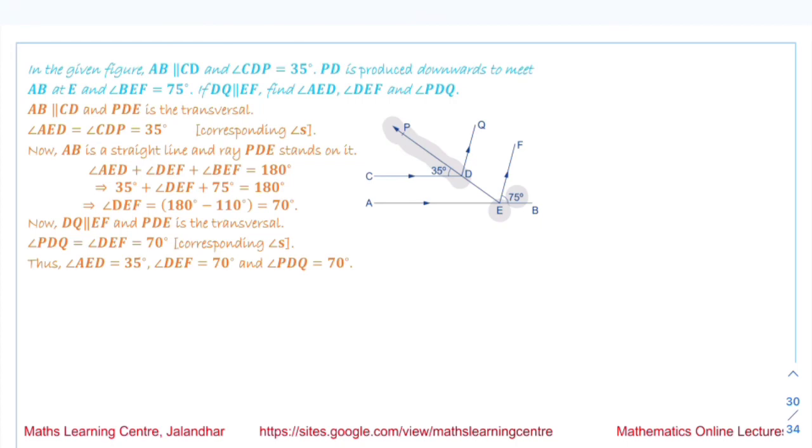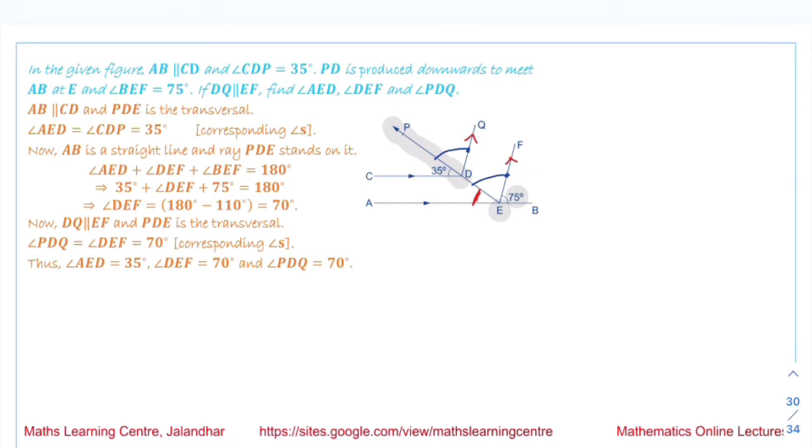Further it is given that DQ is parallel to EF, and we have to find the angle AED, second, the angle DEF, and third, PDQ. We have to find these three angles.